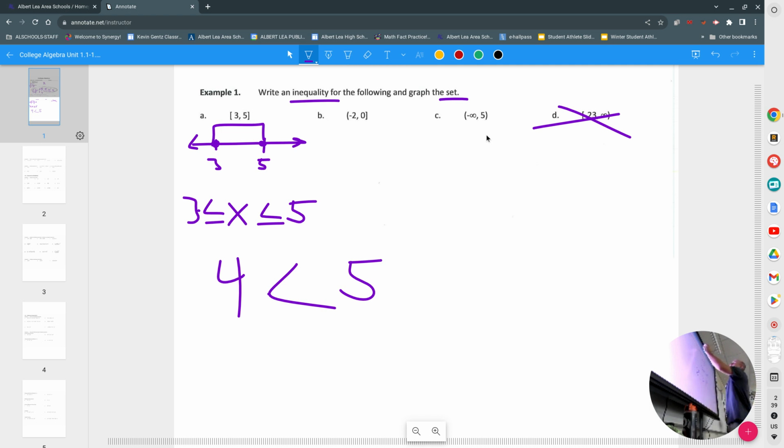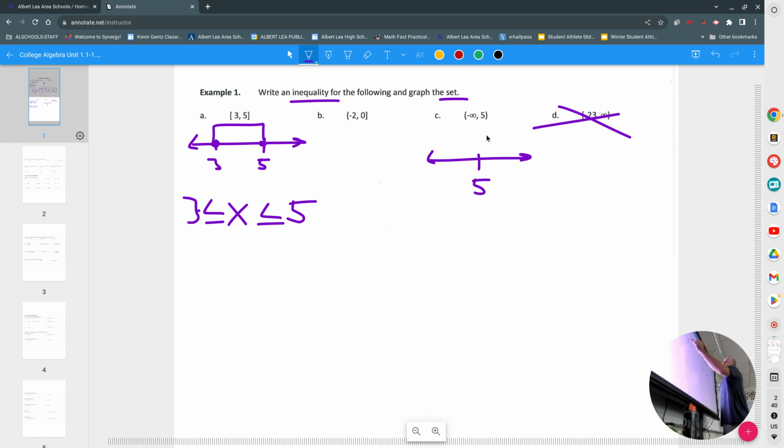Let's go to letter C. How is letter C different? Yeah, you got some parentheses there, and you got infinity. Infinity is not a number, it's an idea. And because you can't point to infinity on the number line, we never use a bracket on infinity. So as I draw this graph, I will simply plot 5, and I'll draw open or closed circle.